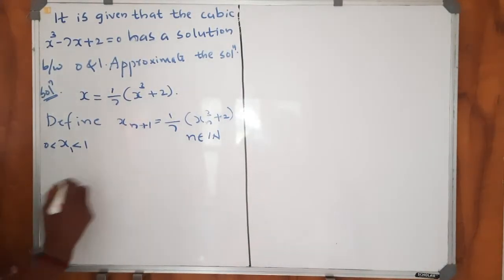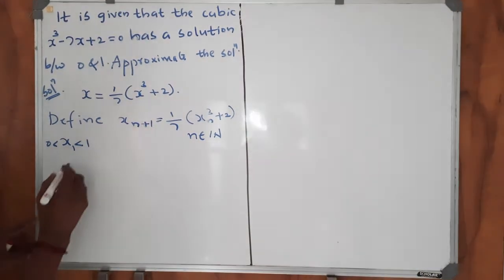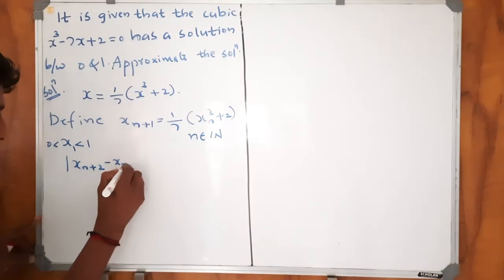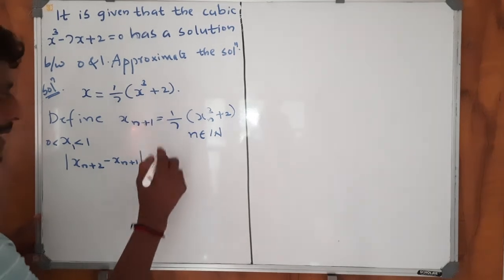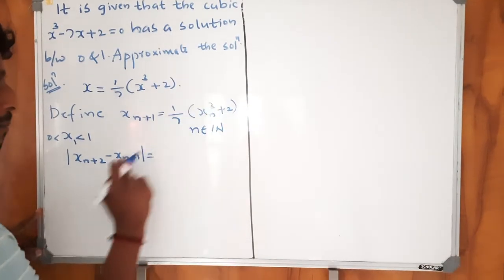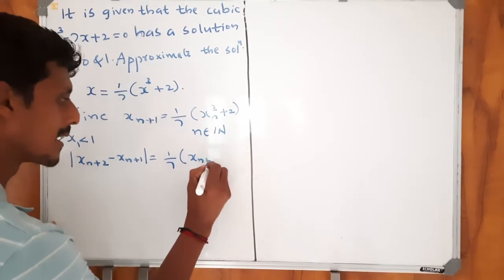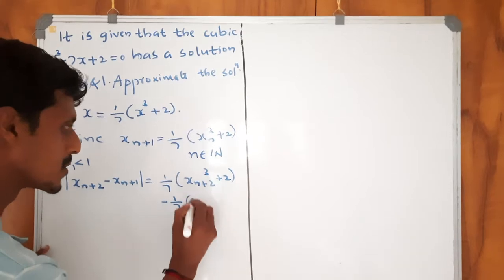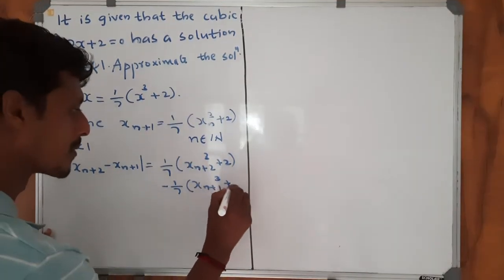So let us first observe that the sequence is contractive. Modulus of xn plus 2 minus xn plus 1, by definition, is equal to modulus of 1 by 7 into xn plus 1 whole cube plus 2 minus 1 by 7 into xn cube plus 2.